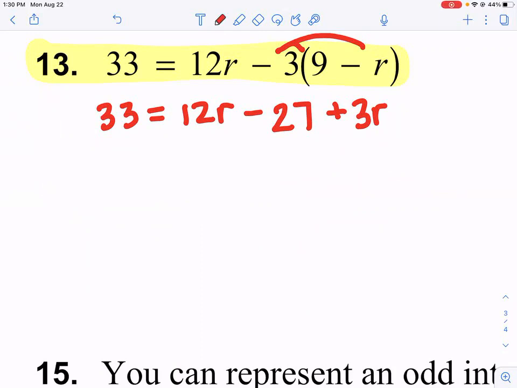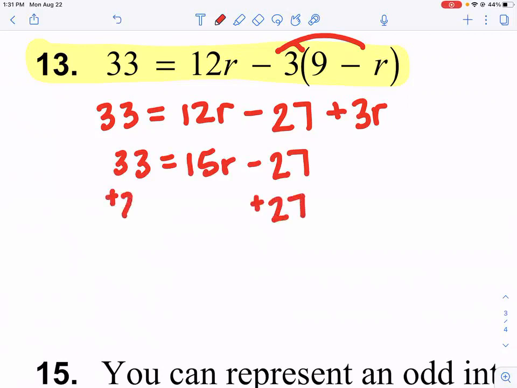We can take 12R and 3R and combine them. Now, it's gonna bother some of you that the R is on the right side. It's going to be okay, but let me tell you what you could do. Now, I like that 15R is positive, and really, we need to take this 27 and we need to move it over. How do we do that? We're gonna add 27.